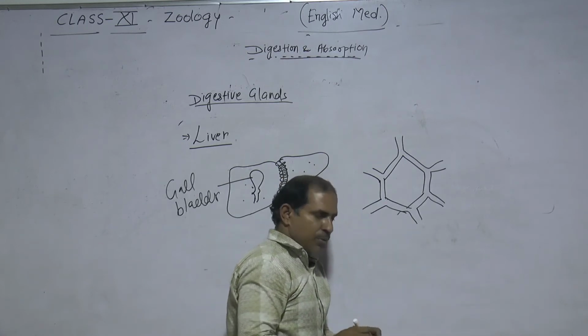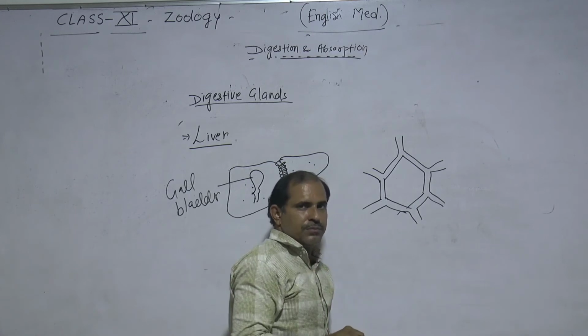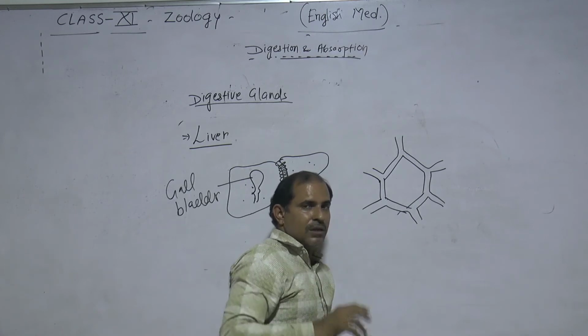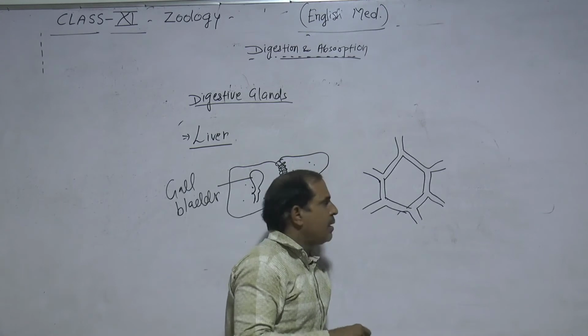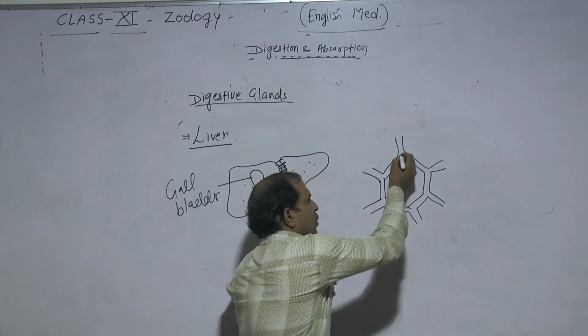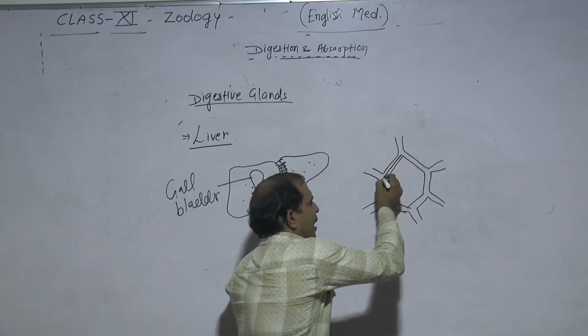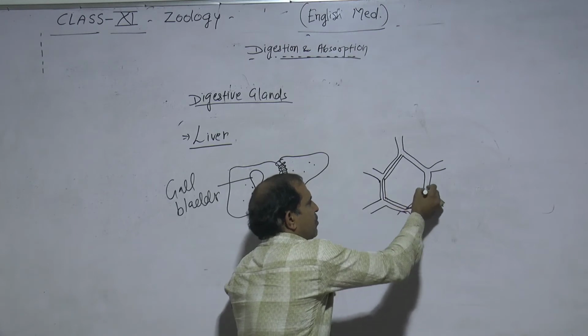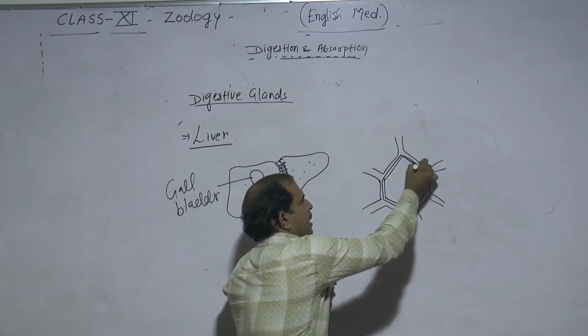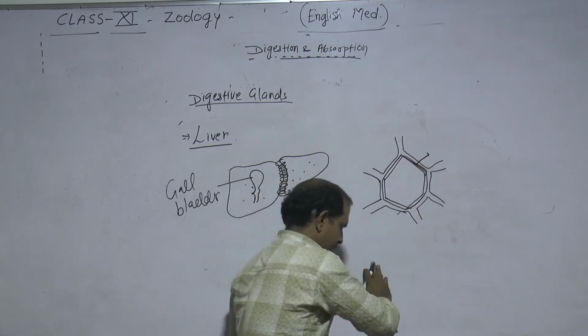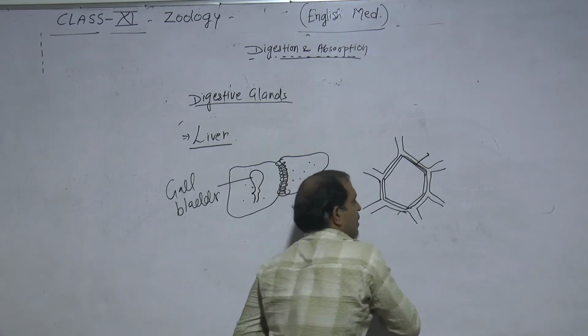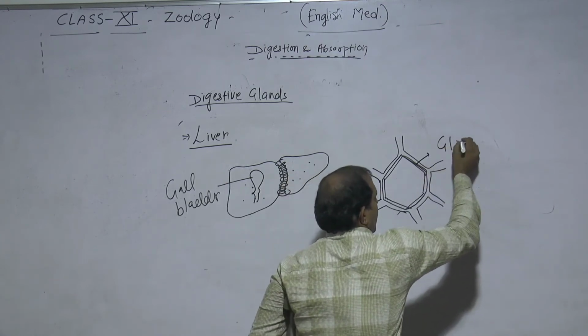Hepatic lobules are the smaller lobules by which the larger lobes are formed, and each lobule is surrounded by a connective tissue membrane or capsule called Glisson's capsule.